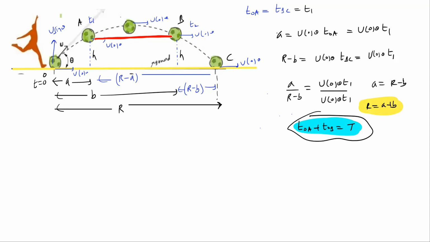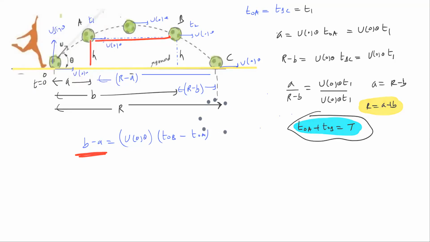B minus A. B minus A should be equal to U cos theta into TOB minus TOA. This is the horizontal distance between two points where the projectile will be at the same height. All these are information which we should know.